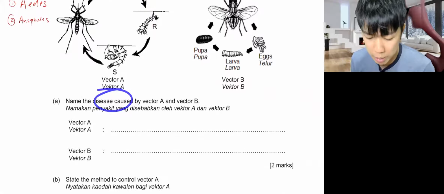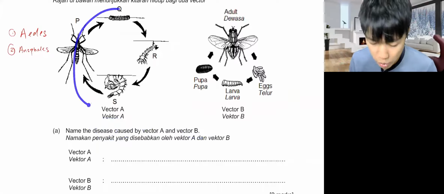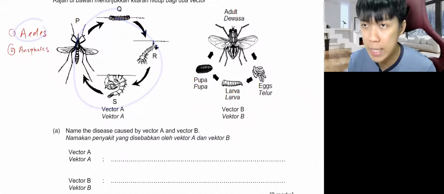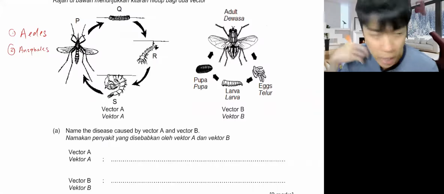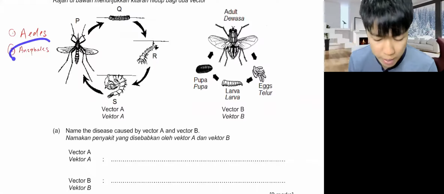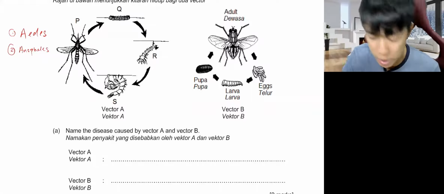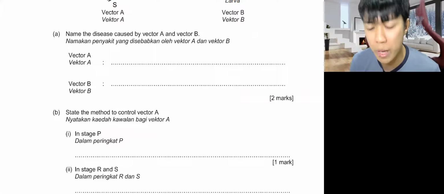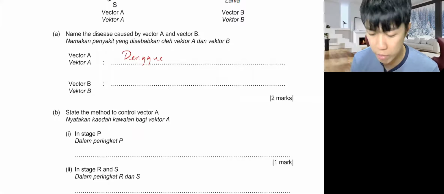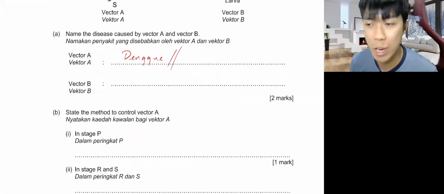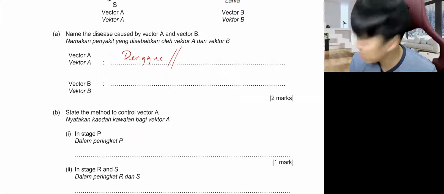Like question A, name the disease caused by A and B. So the one caused by Aedes is called dengue fever. If you go by Anopheles, that is called, I forgot.